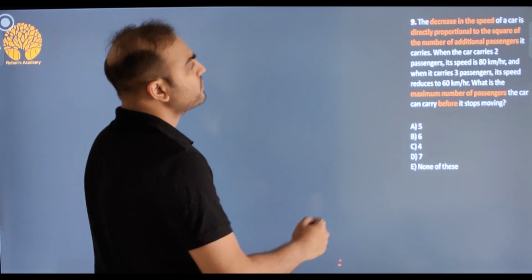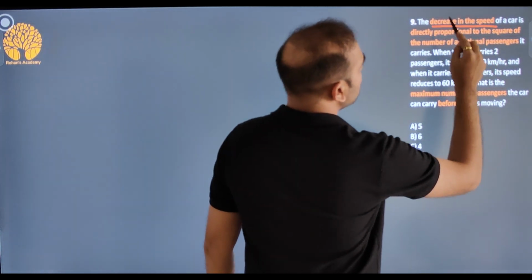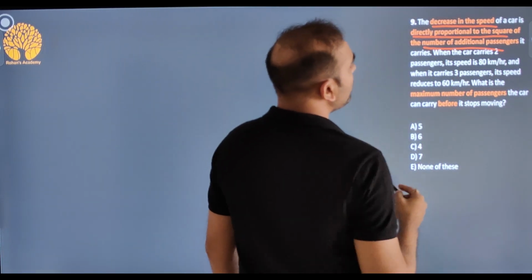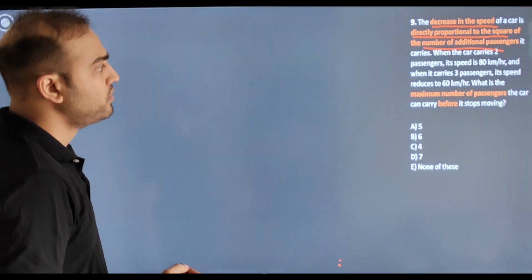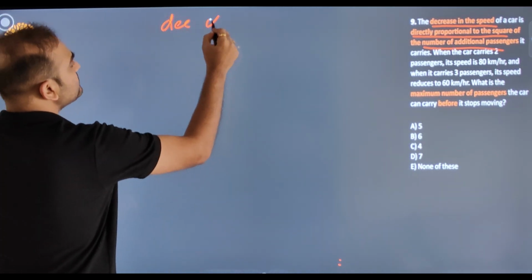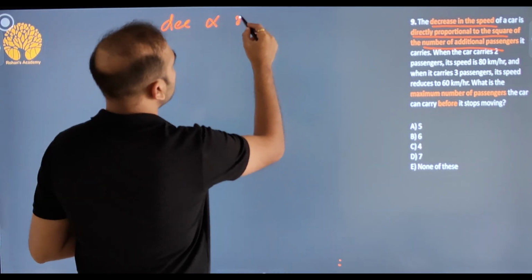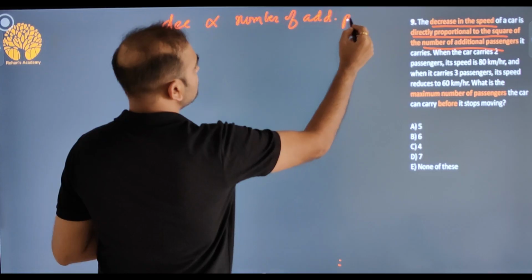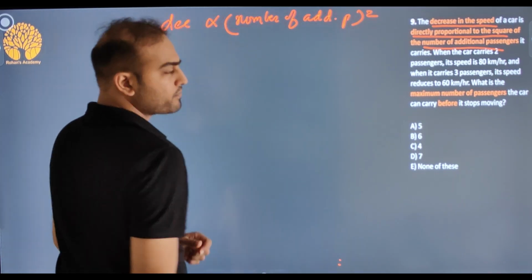Moving on to the next one, looks like an interesting question. So we have: decrease in speed of a car is directly proportional to the square of the number of additional passengers. So the decrease is directly proportional to the number of additional passengers whole square.